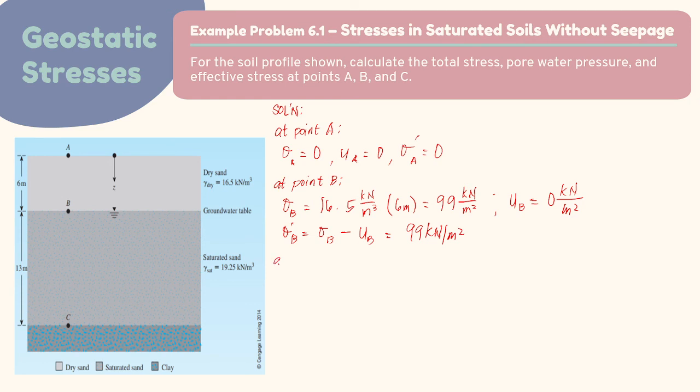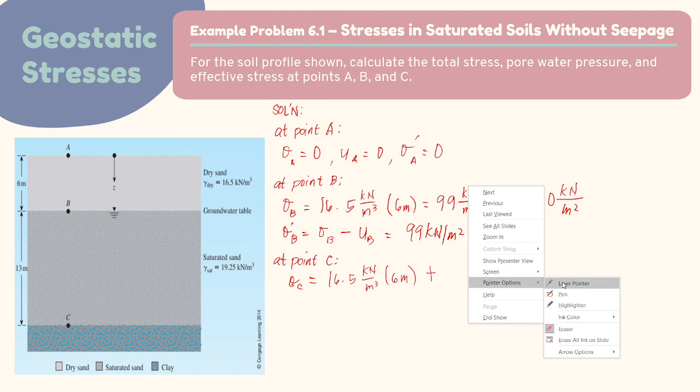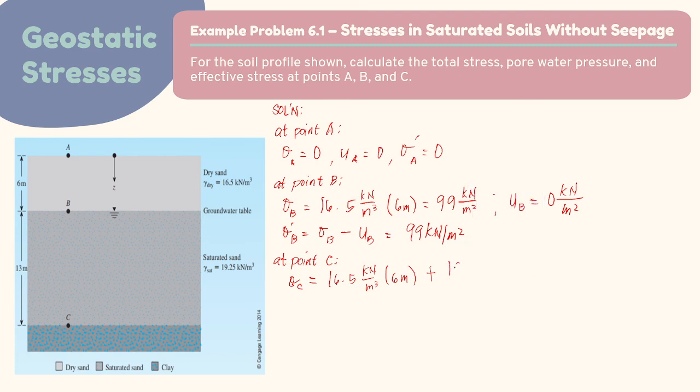Let's proceed to point C. At point C, the total stress, sigma sub C, is equal to 16.5 kilonewton per cubic meter times 6 meters plus the saturated unit weight, which is 19.25 kilonewton per cubic meter times 13 meters.